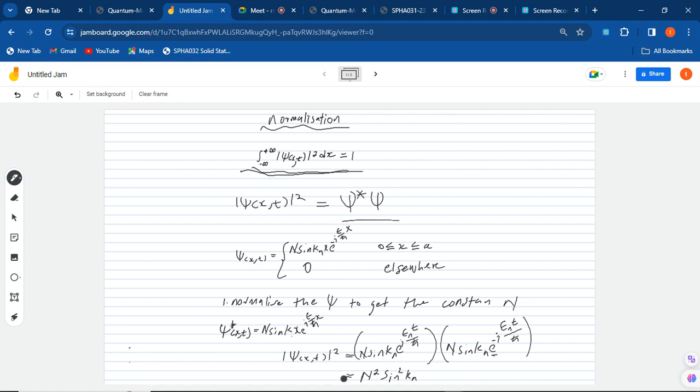So that x must be there. Even in here, there's an x, e to the i, E n t over h bar. Okay.